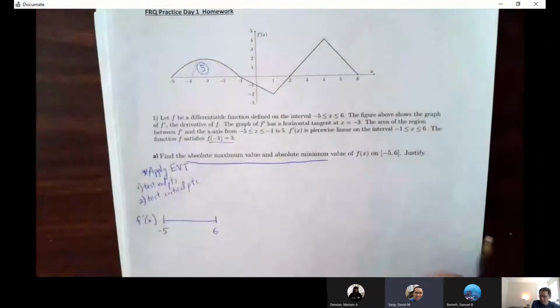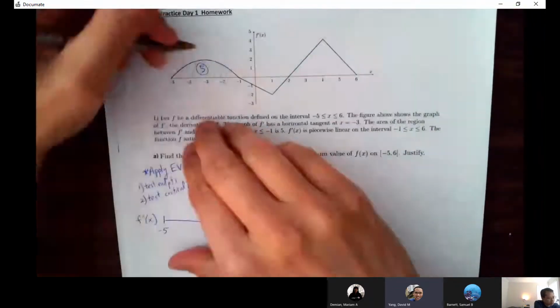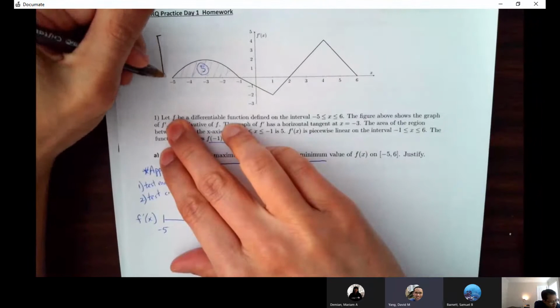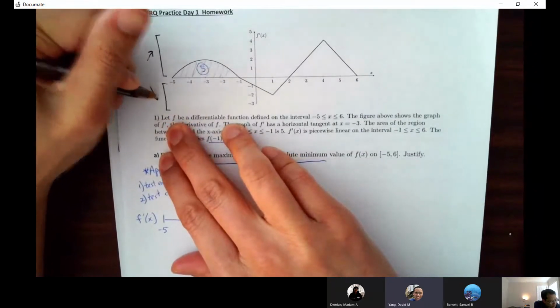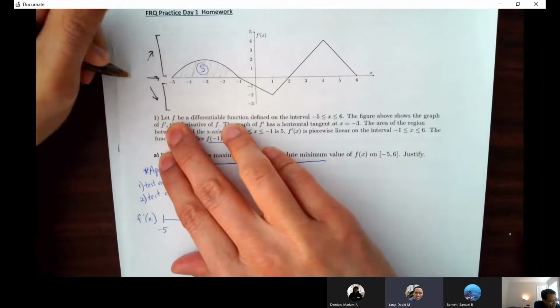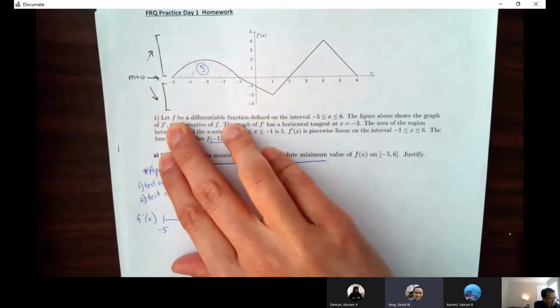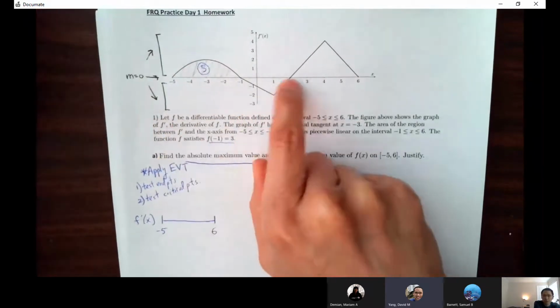I like to label my f prime graph. Above represents positive slope, and below represents negative slope. On the x-axis is where my slope 0 is going to occur. So my critical points will just be at -1 and 2.